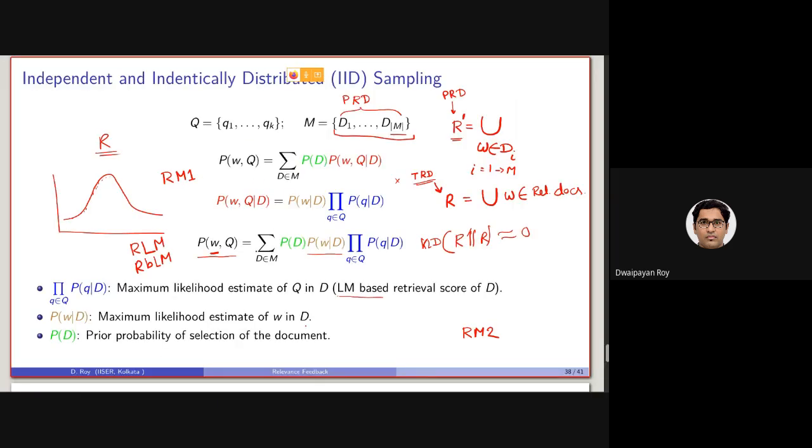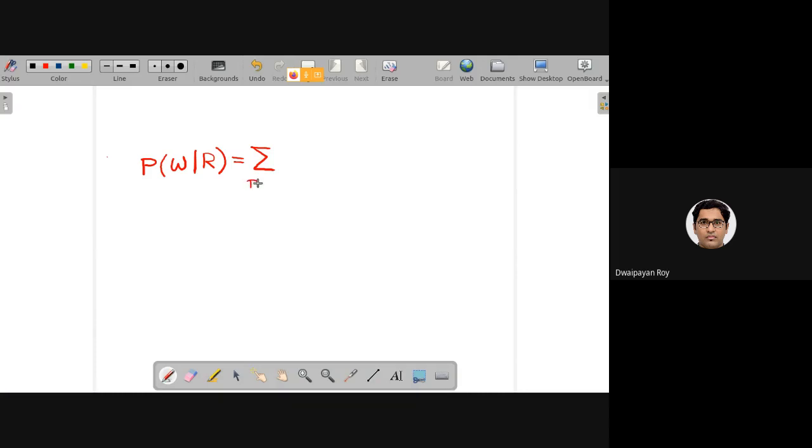If I'm using the same notation here, D belongs to M, the set of pseudo-relevant documents: probability of D, into probability of W given D, into the product over all query terms of the probability of the query term given the document.